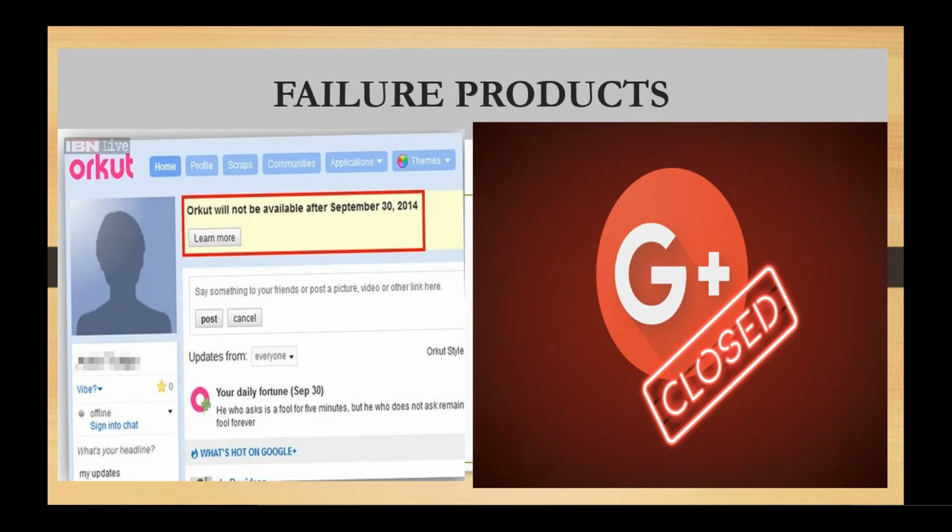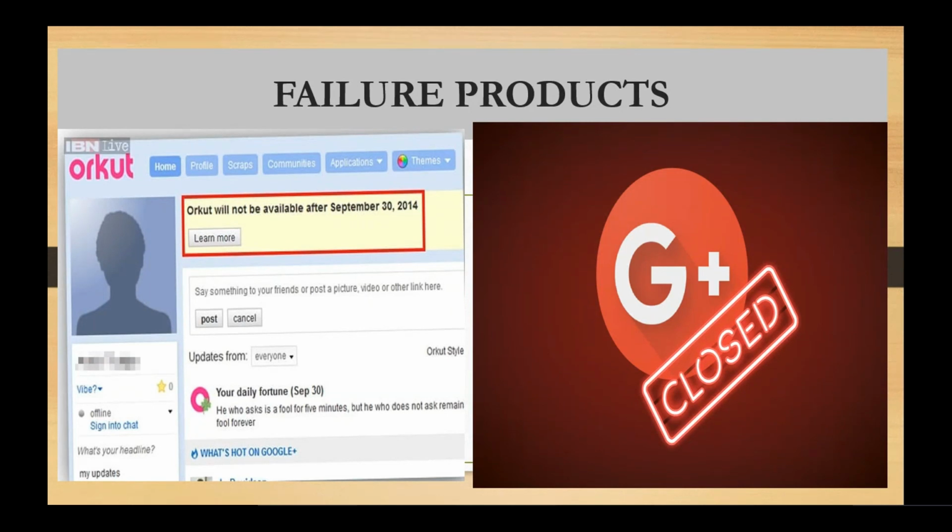I'm not sure how many of you are aware of Orkut. I think it was somewhere around 2011 to 2014 when Orkut had come. Orkut was a social media platform just like Facebook, but Orkut was ahead of its time. People could not understand what Orkut was all about because during that time we did not have much internet facility available.